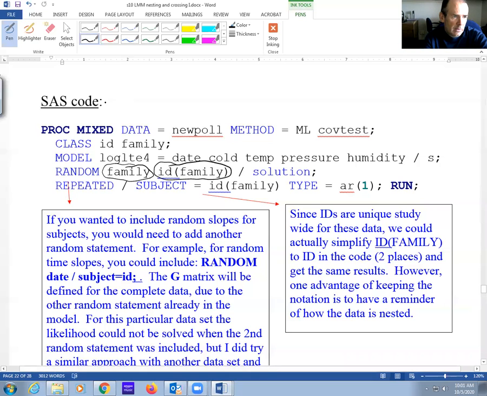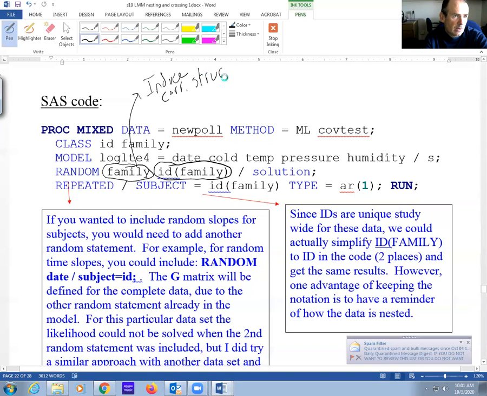So this family, this will induce the correlation structure between kids within a family.